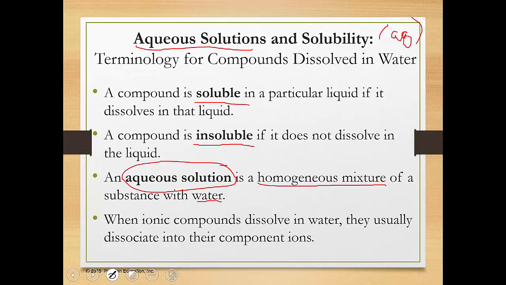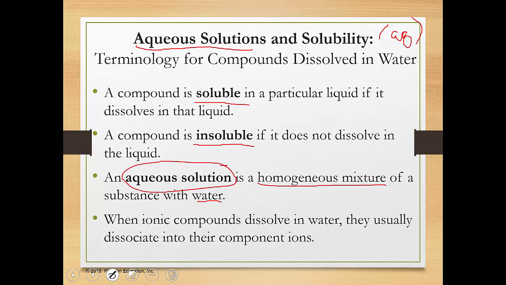So when we're looking at an aqueous solution, we could have something such as table sugar. If you're making a glass of sweet tea, you put sugar in there. The sugar dissolves, and what happens is the molecules of sugar separate one from the other, and then you have these molecules of sugar floating around in solution. That is dissolving.